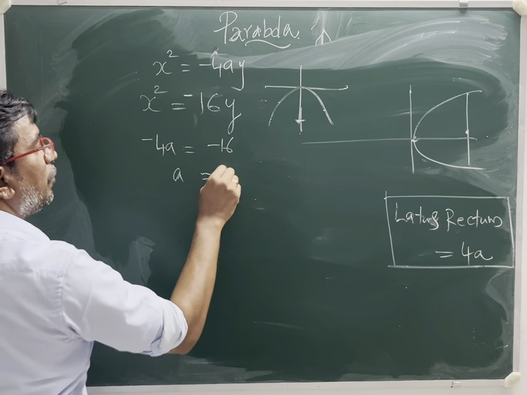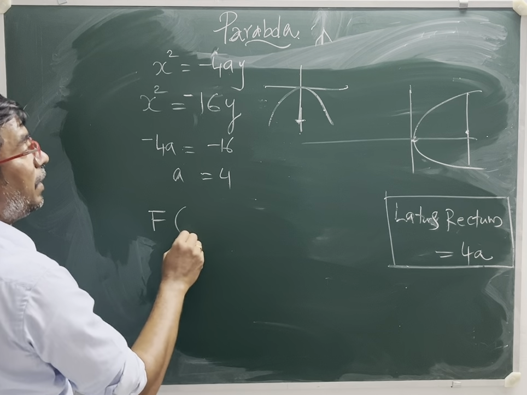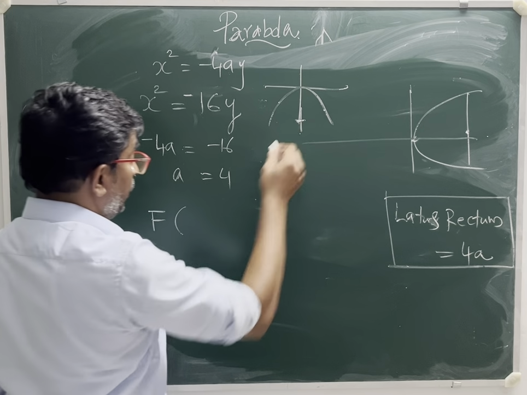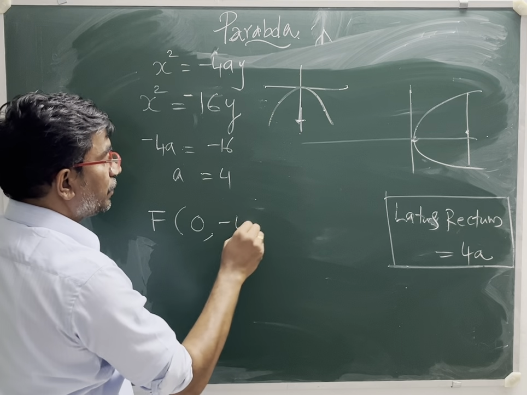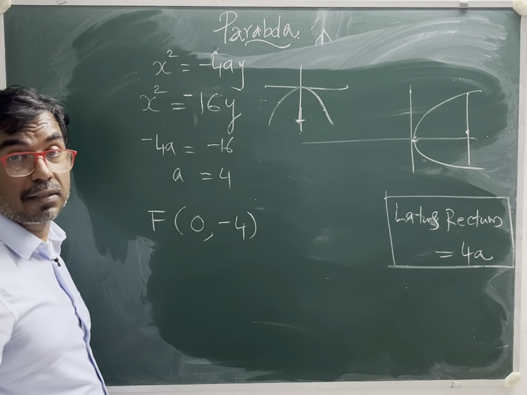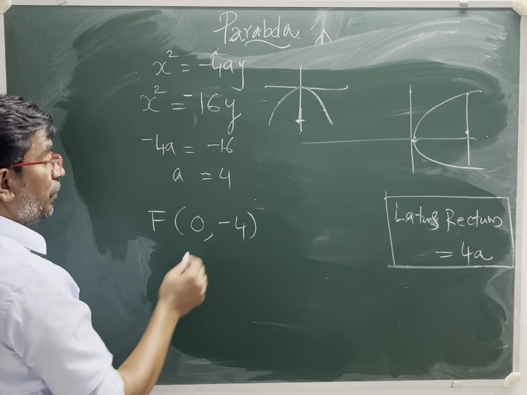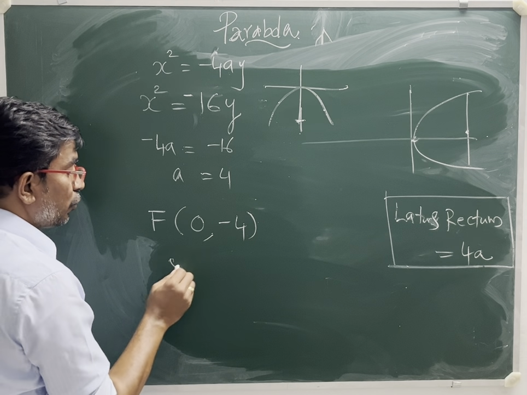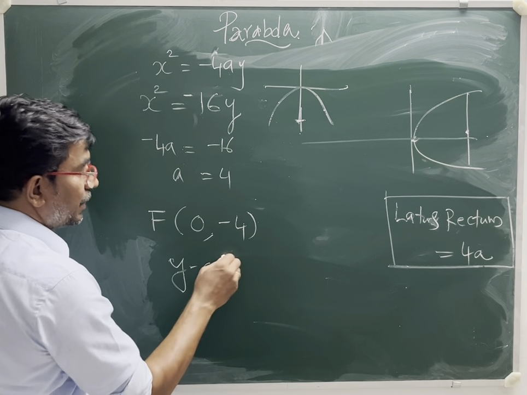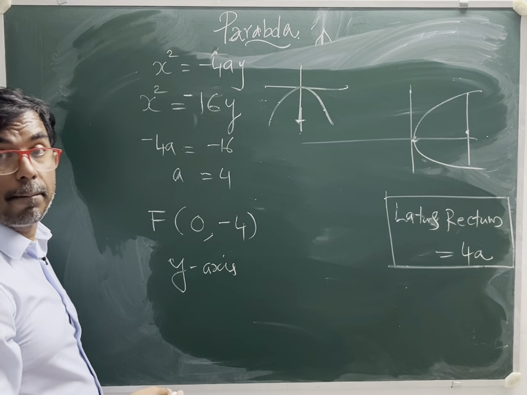So a will be 4. The focus is on the negative part, so you have to write it as (0, -4) because it is on the y-axis. And if you ask me what is the axis of the parabola, the axis is the y-axis.